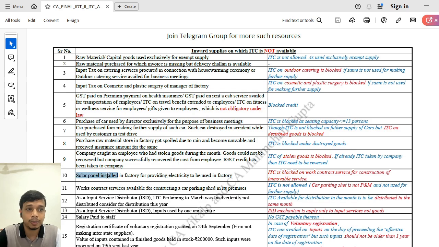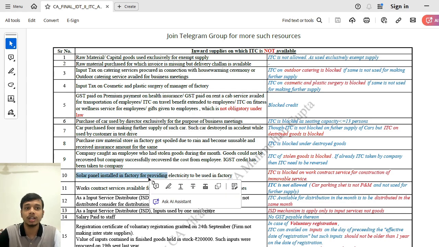Next, solar panel installed in a factory for providing electricity to be used in factory. Here, solar panel is the work contract services used for the construction of immovable property. So it is not allowed in such case. ITC is not available because as you read work contract services used for plant and machinery, then ITC is available. For work contract services for immovable service used by company owned, then ITC is blocked.